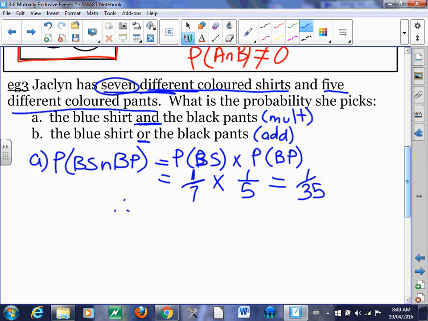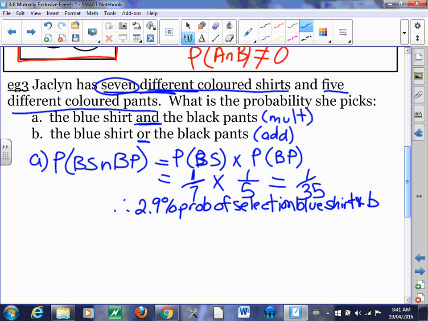So therefore, there's a 2.9% probability of selecting a blue shirt and black pants. Okay?